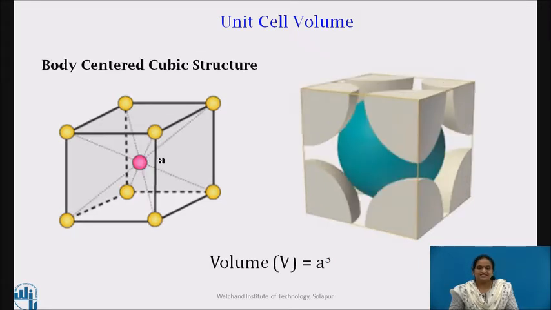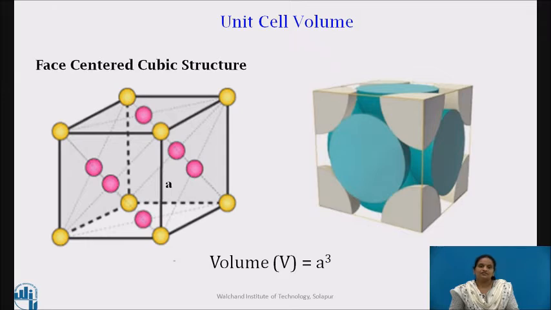Then for BCC, it is having a lattice point within the cell in addition to 8 corner lattice points as shown in the figure here. In case of cubic cell, all the edges of the cube are of equal length a, hence the volume for BCC is also given by a cube.